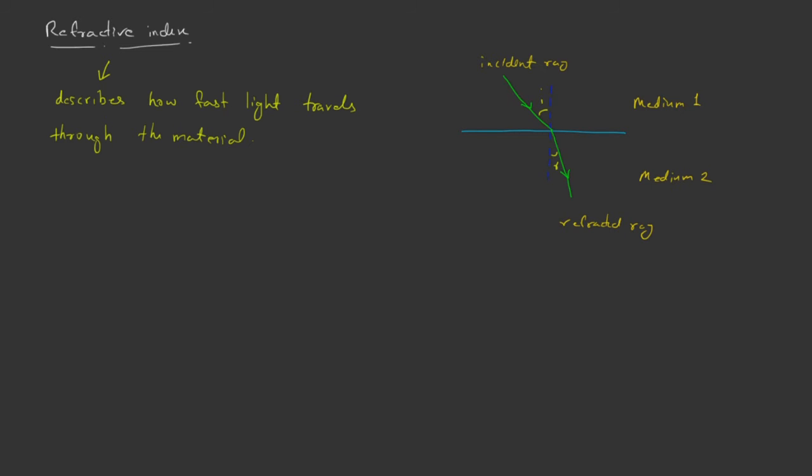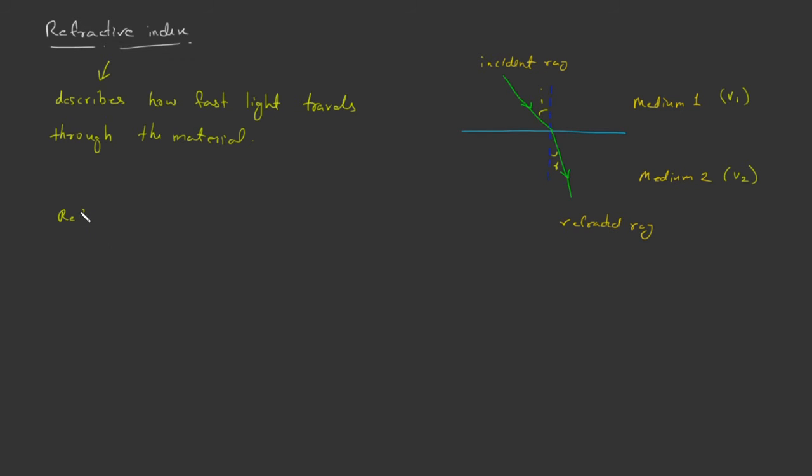So its value for a given pair of media is the ratio of speed of light in one medium to that in another medium. To understand it, let us consider the light travels at a speed of v1 through medium 1 and with a speed of v2 in medium 2.